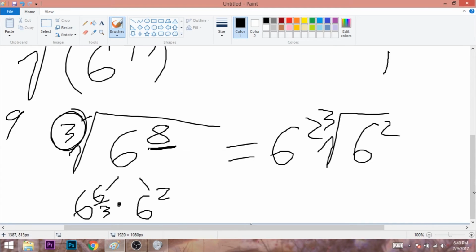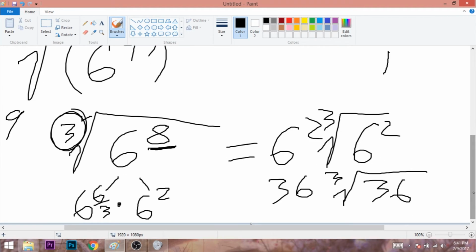Now we're going to simplify this. We're going to have 36 on the outside, 6 times 6, 36, times the cube root of 36. Is it possible to simplify the cube root of 36? No, it's not possible. So this would be your final answer.